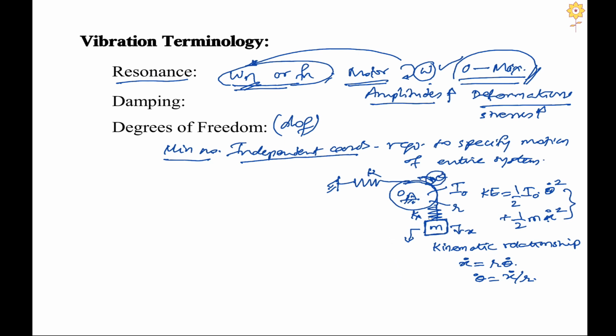So, in the presence of a spring I cannot say x is equal to r theta, that assumption will be wrong. So, there is no kinematic relationship existing between this mass and this mass when we have a spring or flexible elements between them, right. So, in that case the minimum number of independent coordinates becomes 2, right. So, x and theta are both independent in this case, fine.